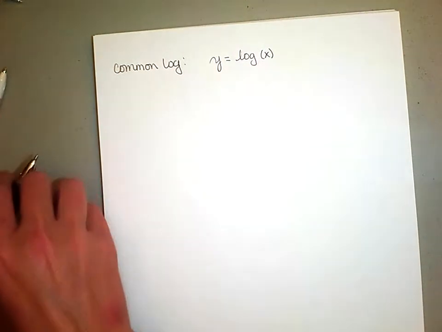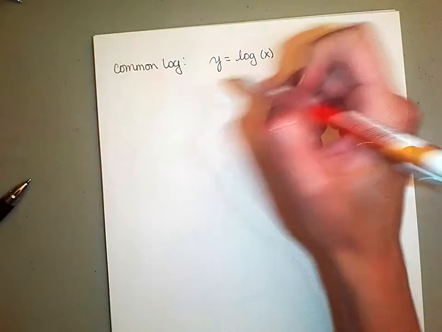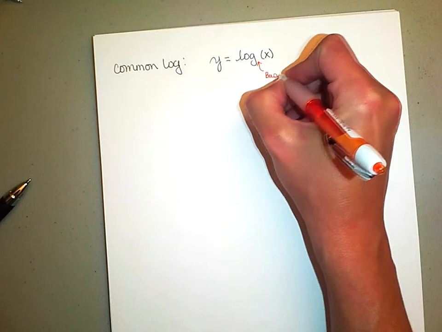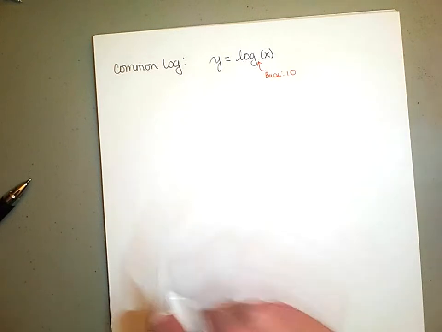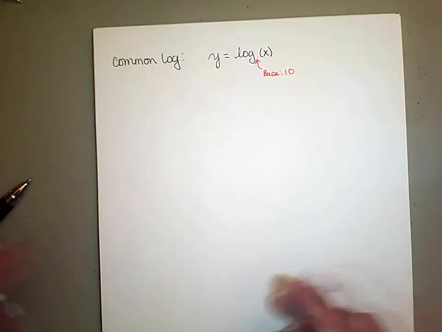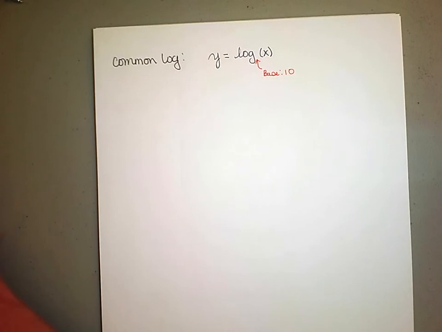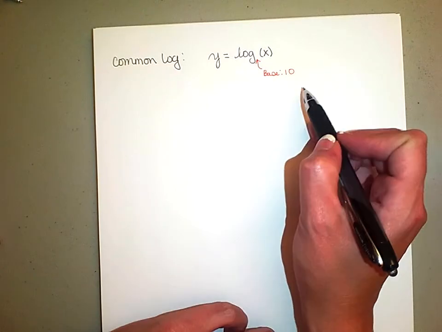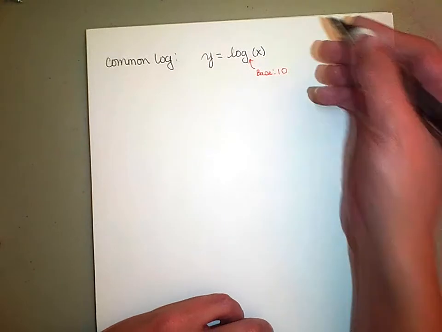It's so common that we don't even put a base. We get lazy and just don't write it. But the base here is 10. And so it's a common log because we work in a base 10 system. So when you do not see a base, we're referring to base 10.